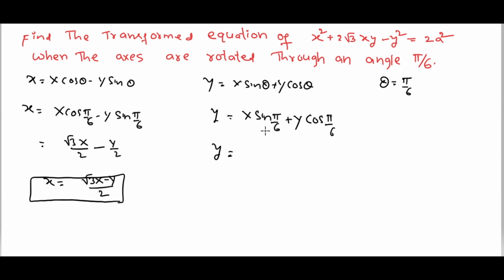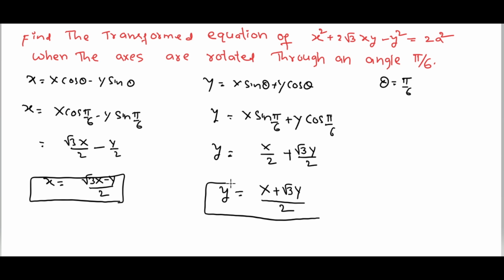Sin 30 is 1 by 2, that is X by 2, and Y into cos 30 root 3 by 2, that is root 3 into Y by 2. Therefore small y is equal to capital X plus root 3 into capital Y by 2.